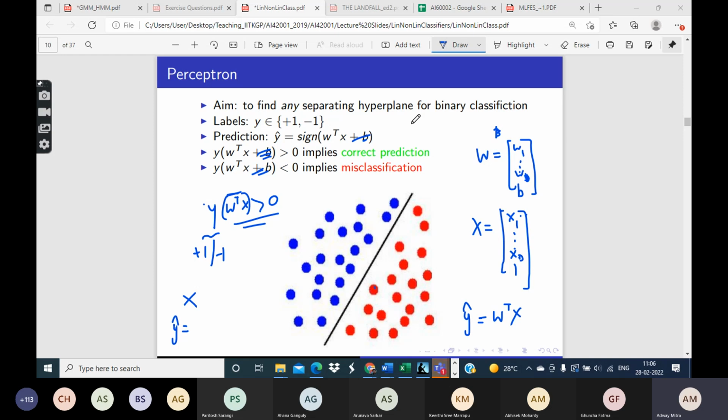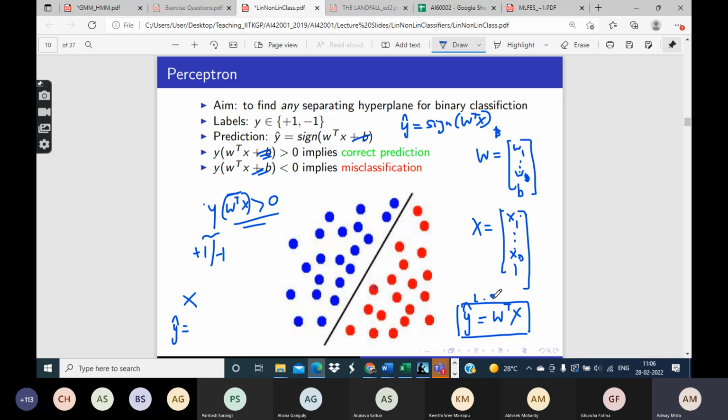In the last class we were discussing that a linear classifier is a structure like this: y hat equal to sign of w transpose x. In any linear structure there is y equal to w transpose x, which can be called a linear equation.